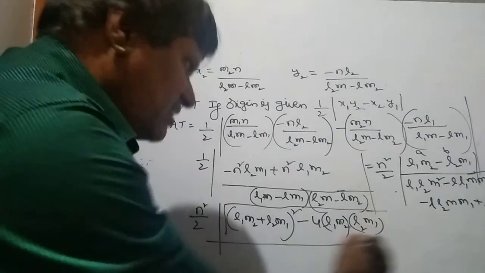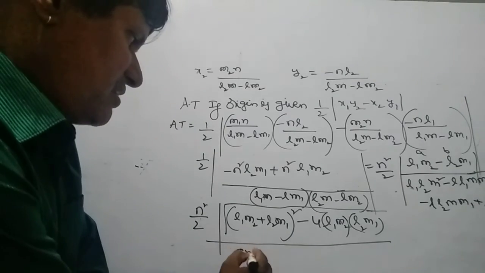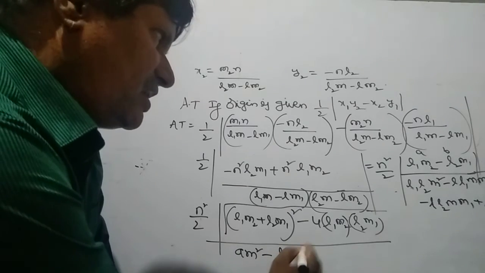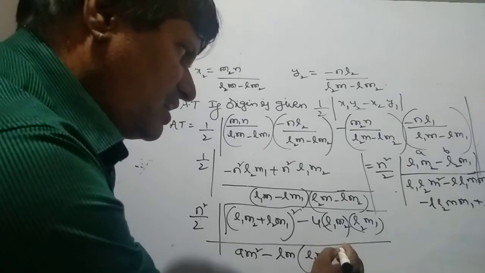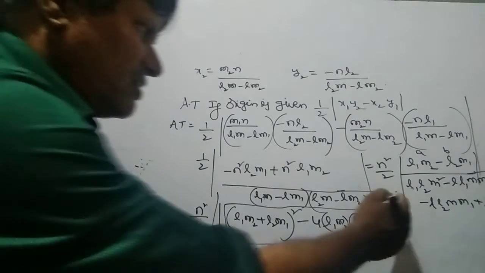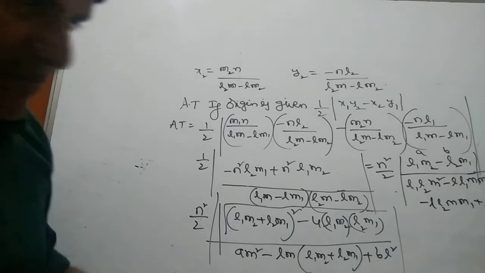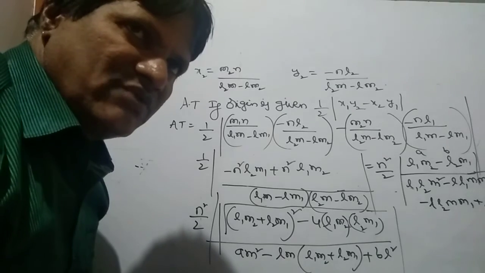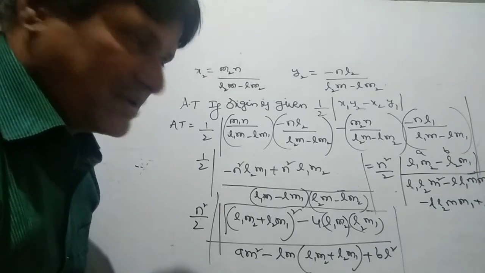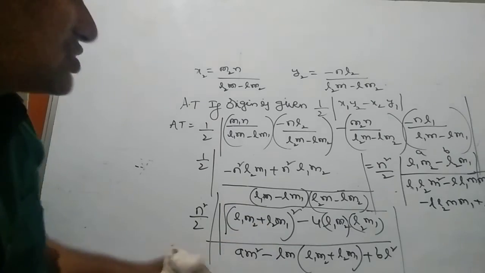In the denominator we can write AM square minus, taking LM common, LM times L1 M2 plus L2 M1, plus BL square. What is L1 M2 already given? Compare AX square plus 2HXY plus BY square with L1x plus M1y into L2x plus M2y. We get L1 L2 is A, M1 M2 is B, L1 M2 plus L2 M1 is 2H.